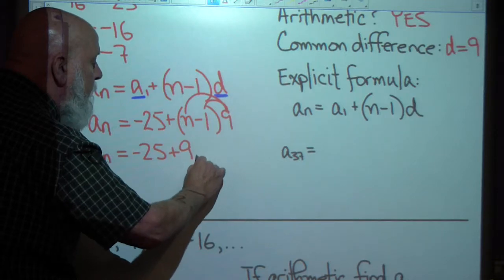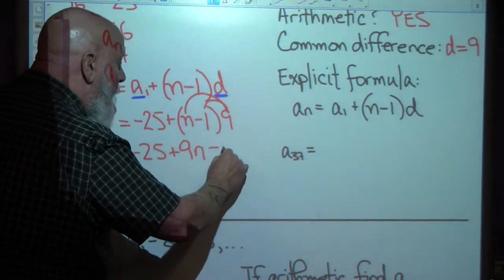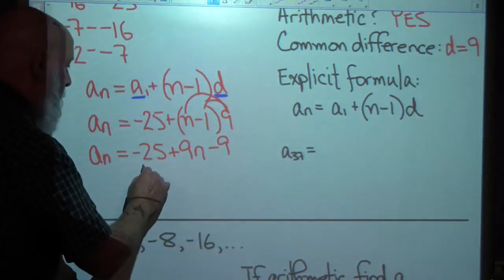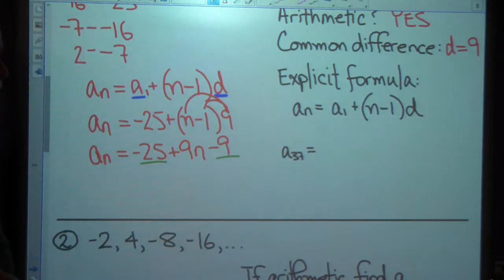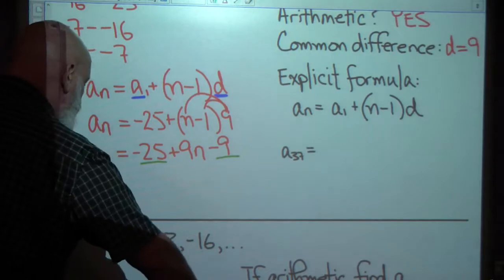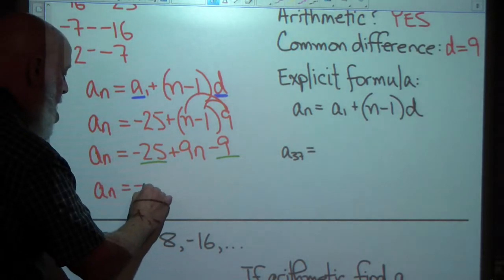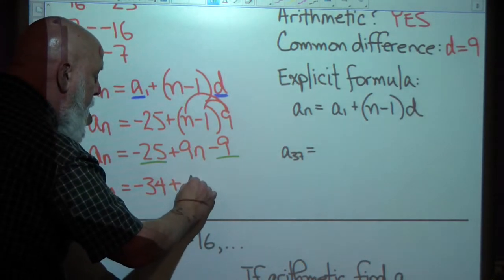I'm opening the parentheses, getting rid of them when I distribute, minus 9. And here are my like terms I can combine. And that will give me negative 34? A sub n is equal to negative 34 plus 9n.